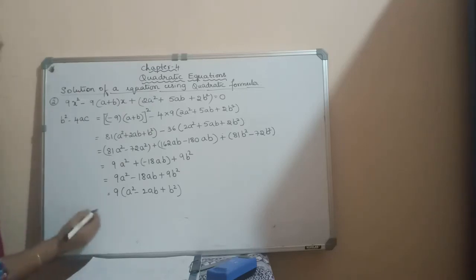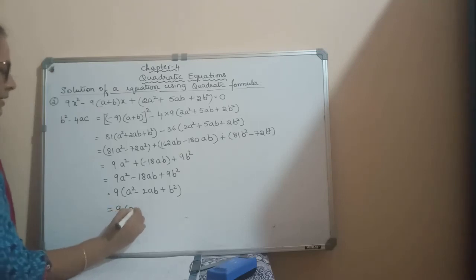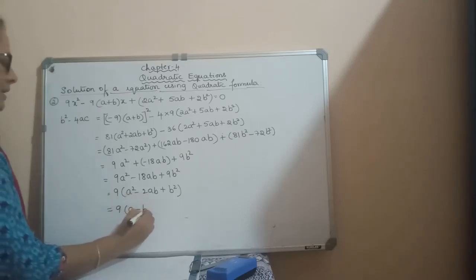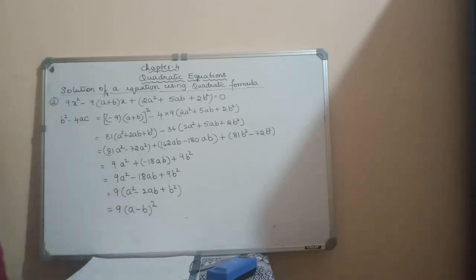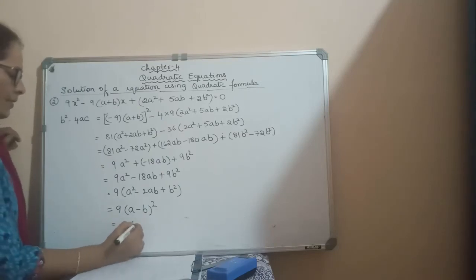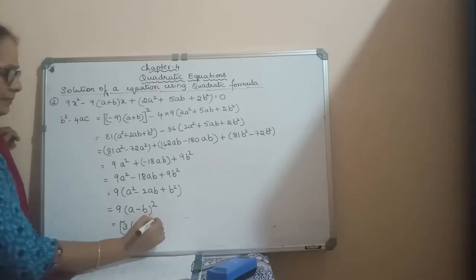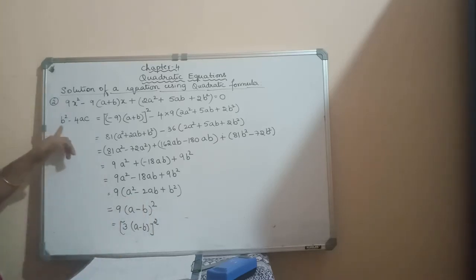Now which is equal to 9 into a minus b whole square, which can be written as 3 into a minus b whole square. So this is b square minus 4ac.